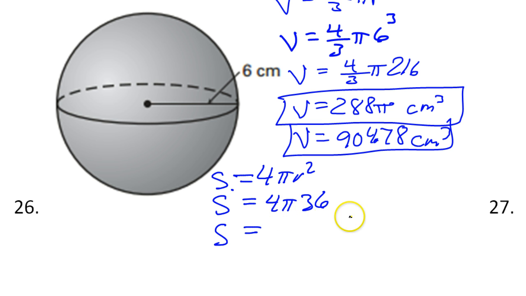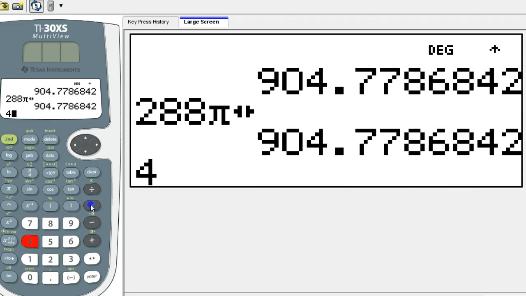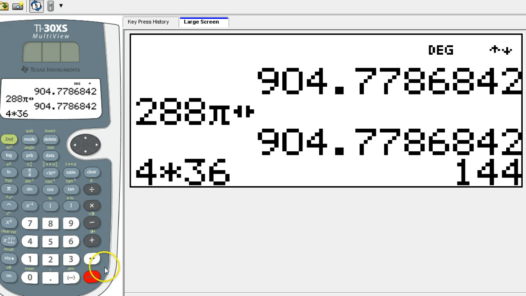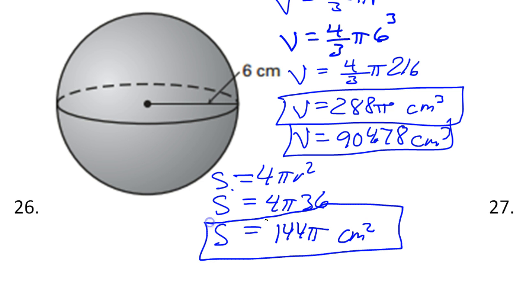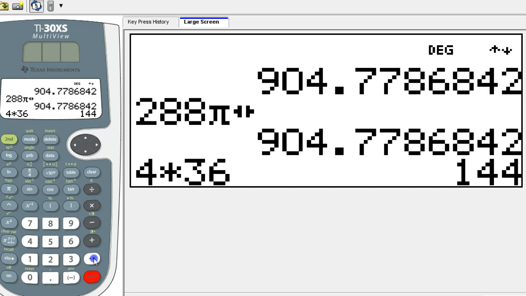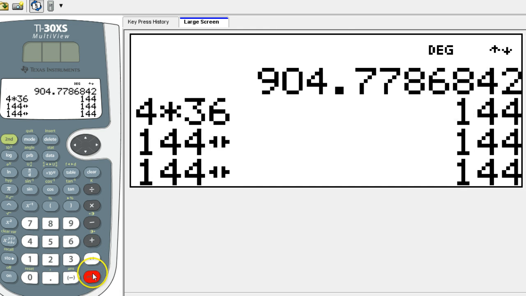So what's 4 times 36? That's 144. So that's why we had 144 pi. And this is area, so that would be centimeters squared. Don't forget your units. And of course I can make this into a decimal very easily. Just got to toggle it.